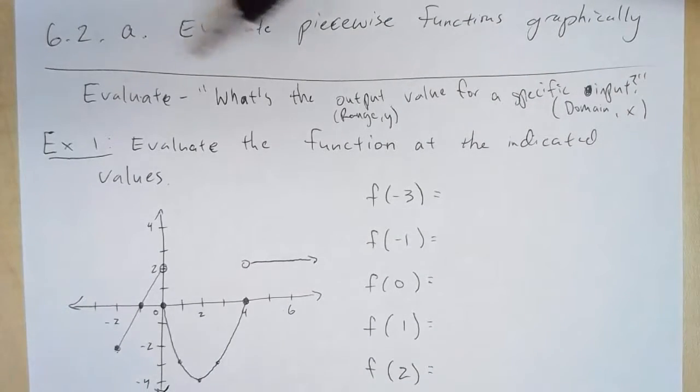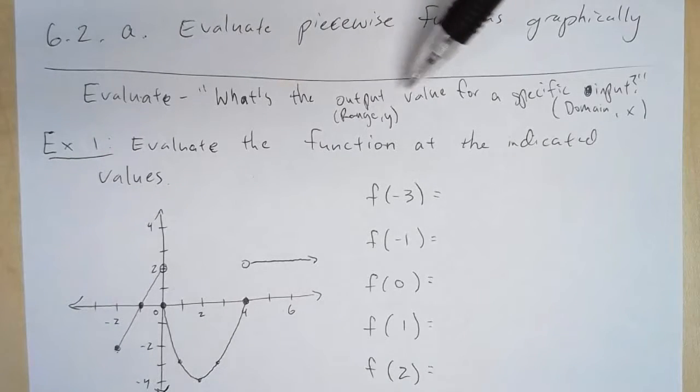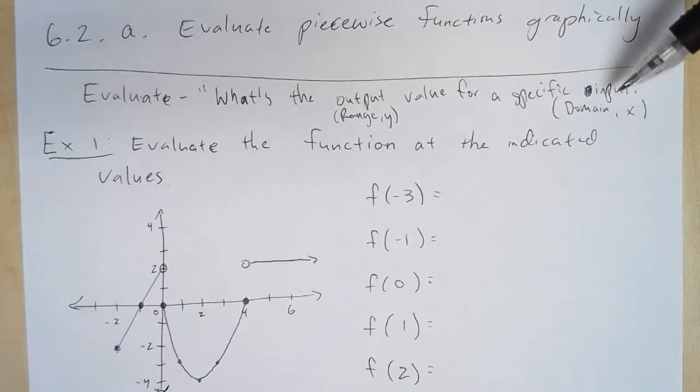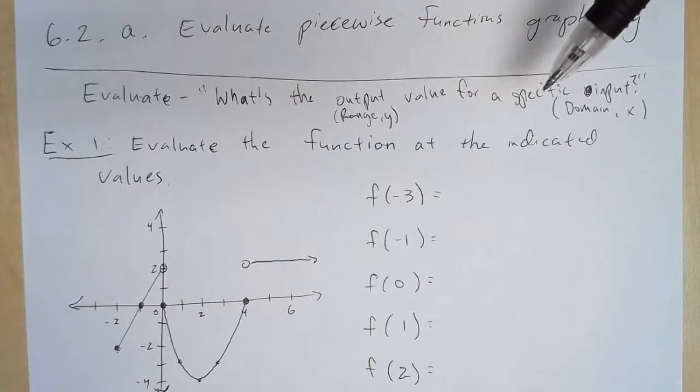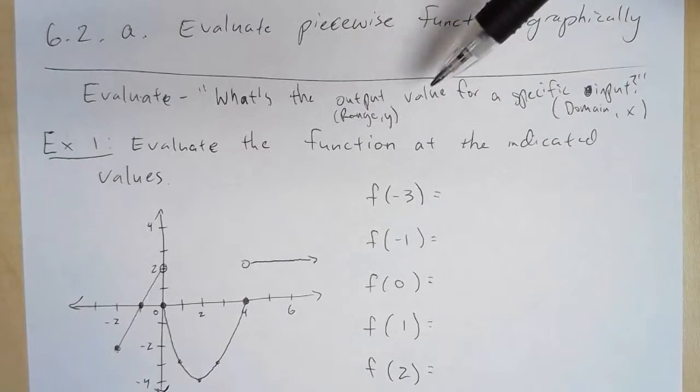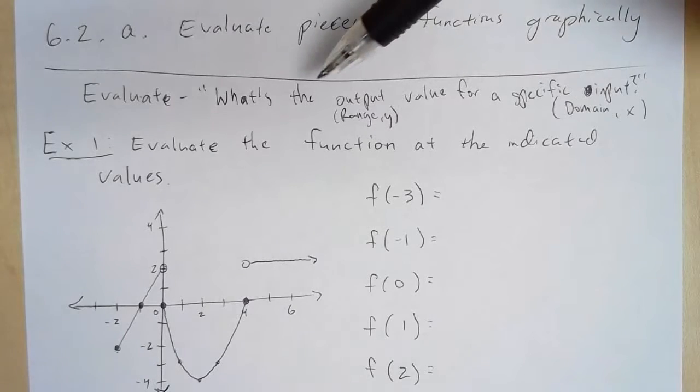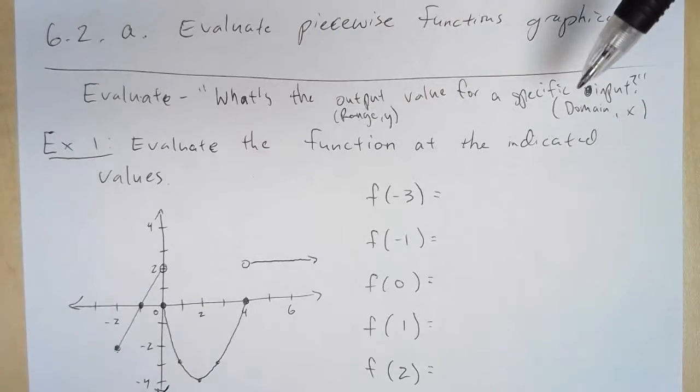So when it says evaluate, it's asking what's the range value, what's the y value for a specific domain value or a specific x. So we could say what's the output value for a specific input, we could say what's the range value for a specific domain, we could say what's the y value for a specific x input or a specific x.